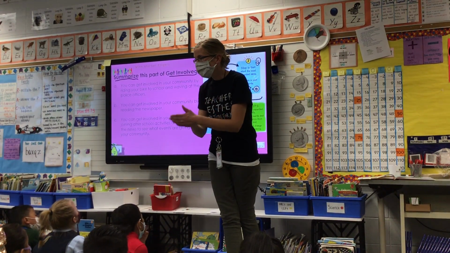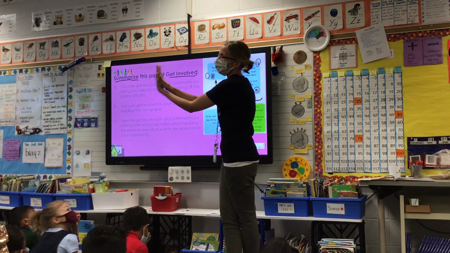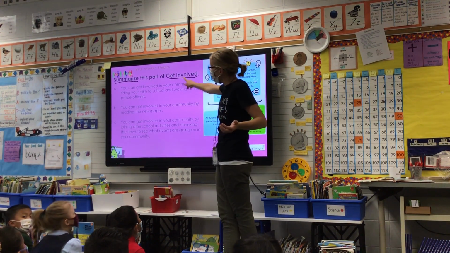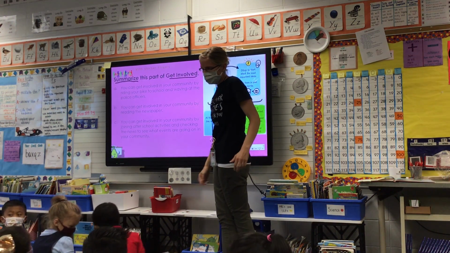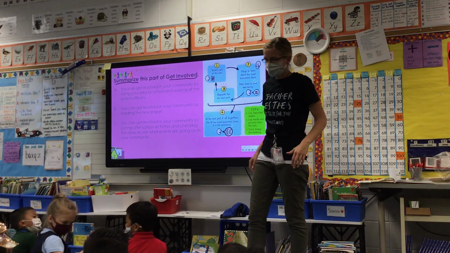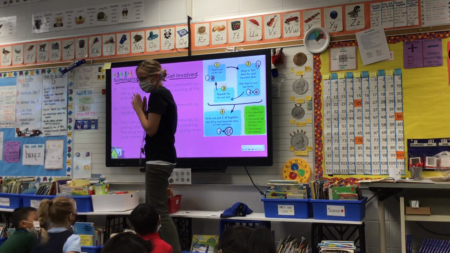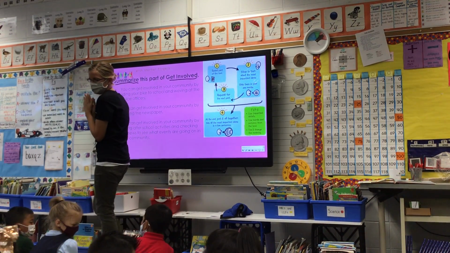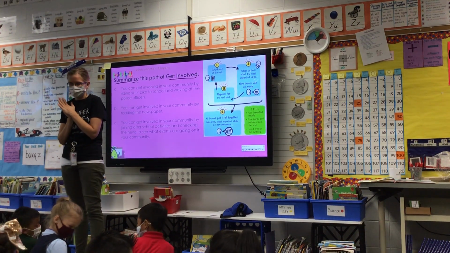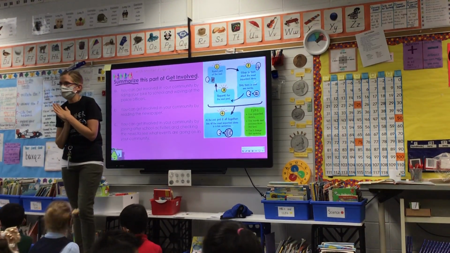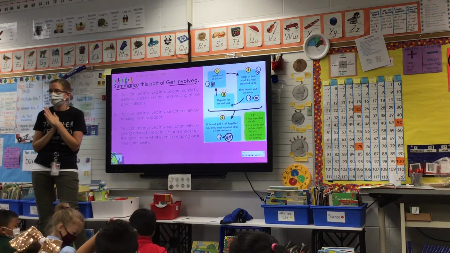With your partner, the partner with the shortest fingers is going to decide the correct answer. Figure out who has the shortest fingers. And then talk about which one is correct.